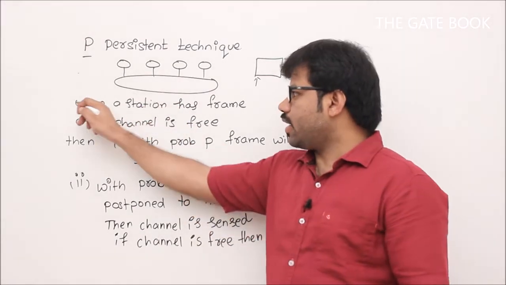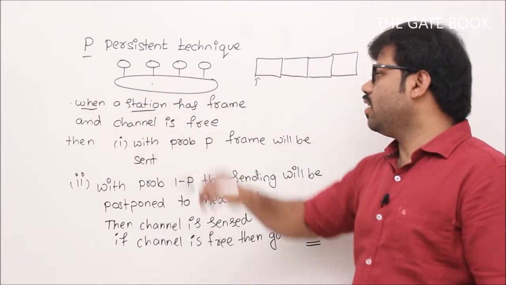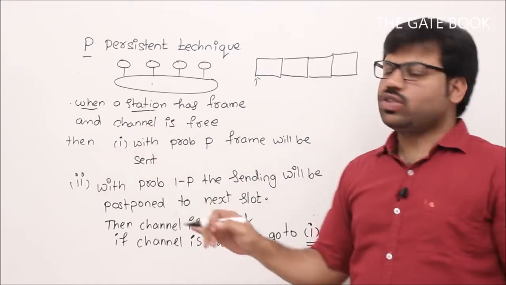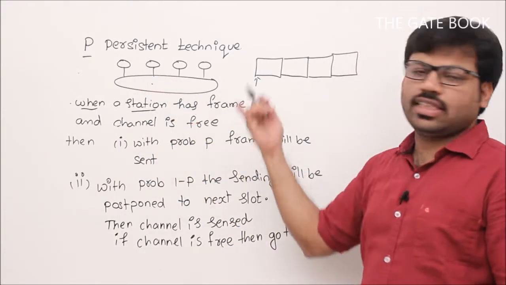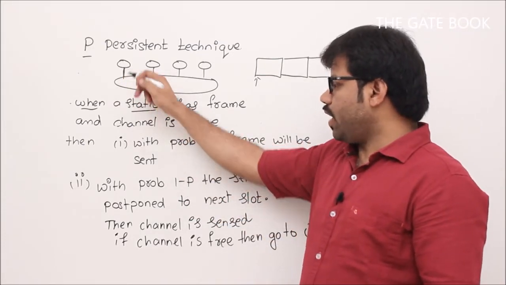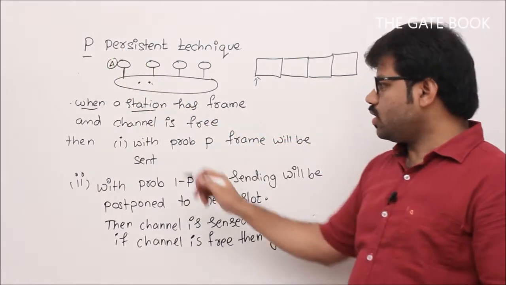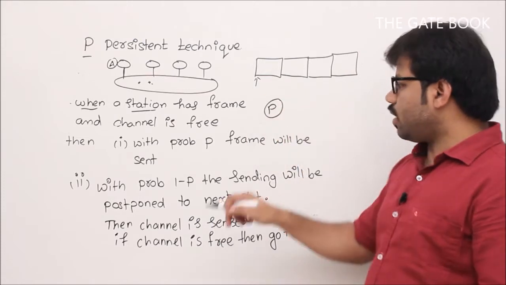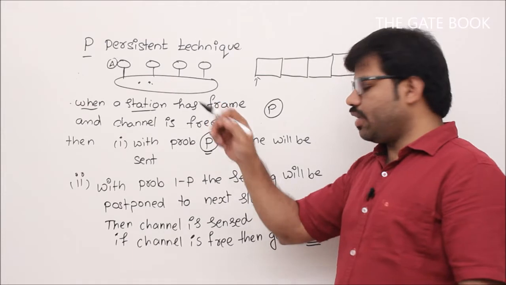In the P persistent technique, first of all, every station senses the channel. When a station has a frame and the channel is free, which it understands by sensing because it is a CSMA technique, there will be a probability called P. I will tell you how to calculate the probability value.